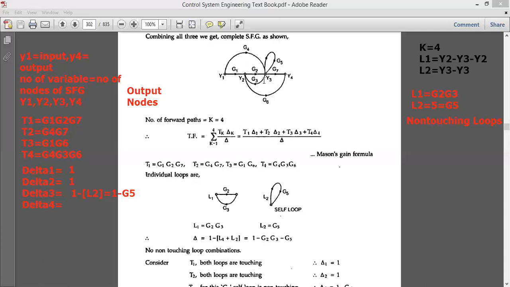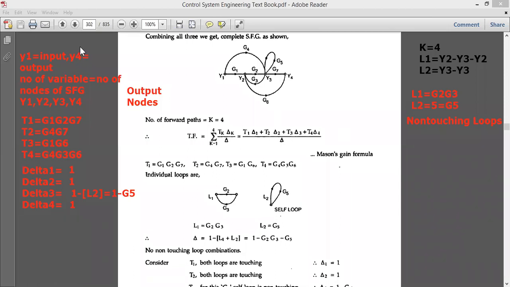Now it is touching my second loop also. And then coming back to Y4. It means both the loops are touching the forward path of T4. So therefore, if both the loops are touching, my value of delta 4 is also equal to 1.